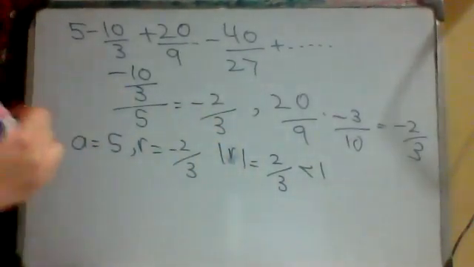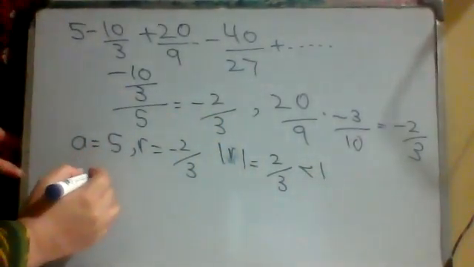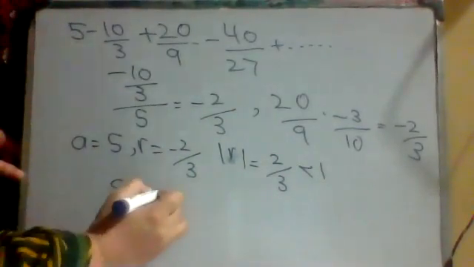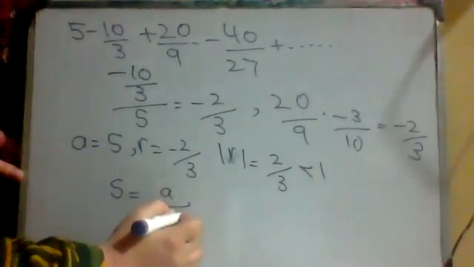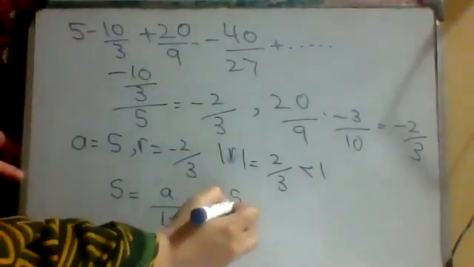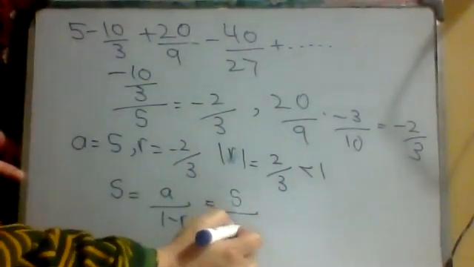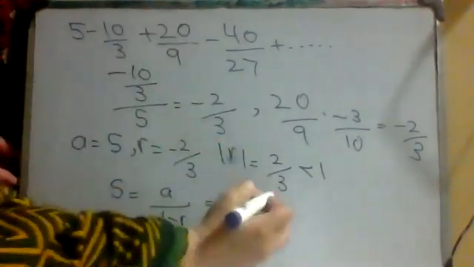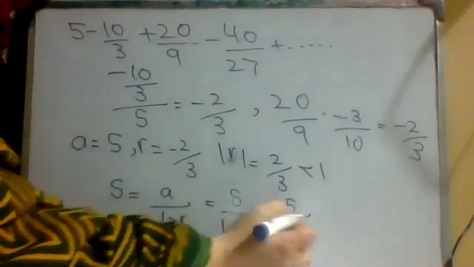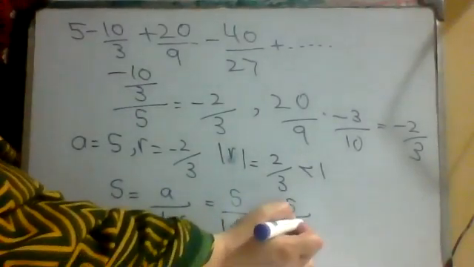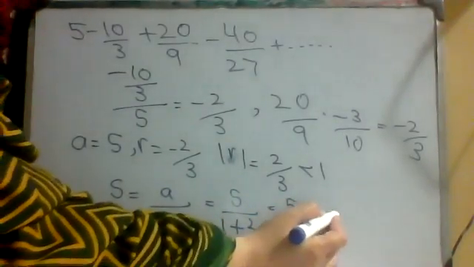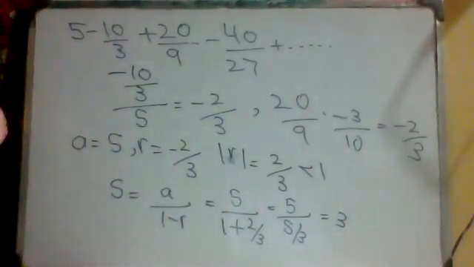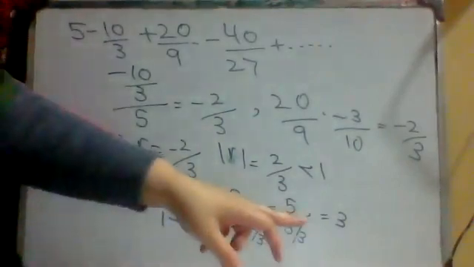You have seen this in the previous part of the lecture. So the sum of the series is S equal to a over 1 minus r. a is 5, 1 minus minus 2 over 3 is 1 plus 2 over 3, which is 5 over 3, so 5 divided by 5 over 3 is equal to 3. So the sum of this geometric series is S equal to 3.